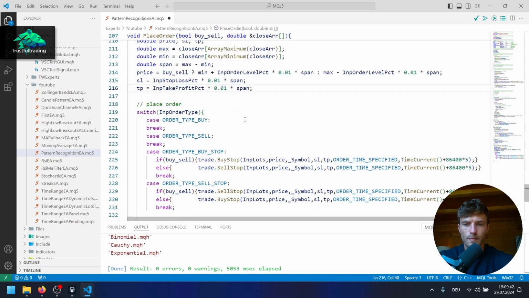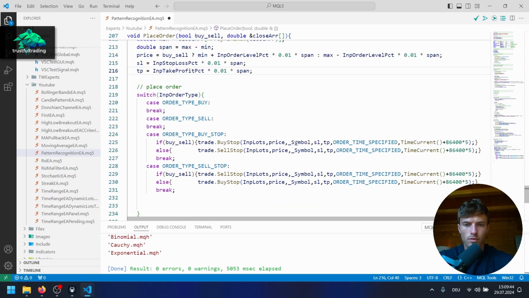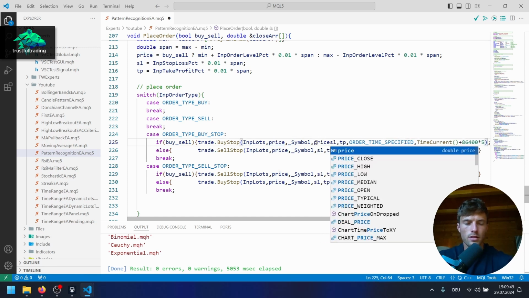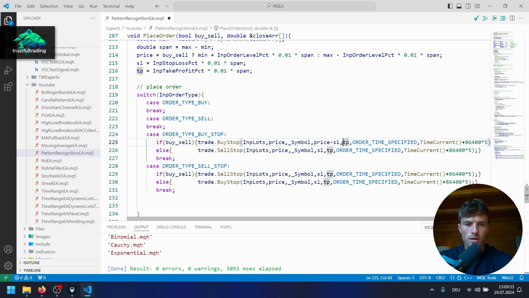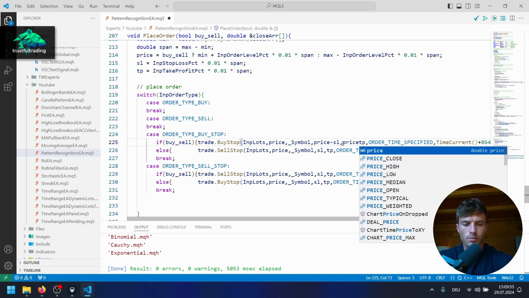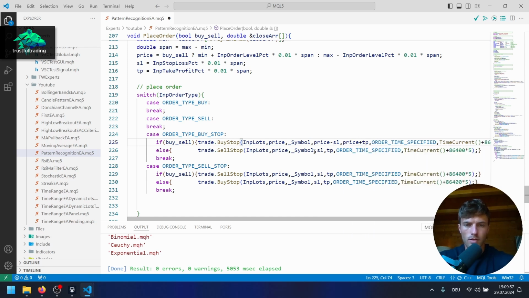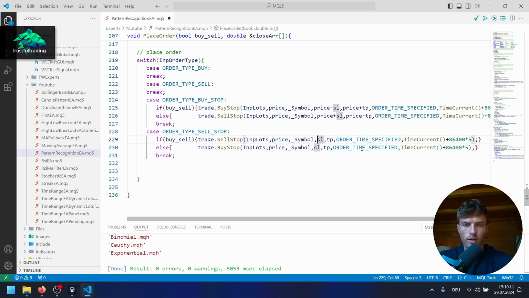Okay, so here in the buy stop, we have our price, and the stop loss is now price, and of course, minus stop loss and price plus stop loss for take profit. And for the sell stop, price plus stop loss and price minus take profit. So exactly the opposite.